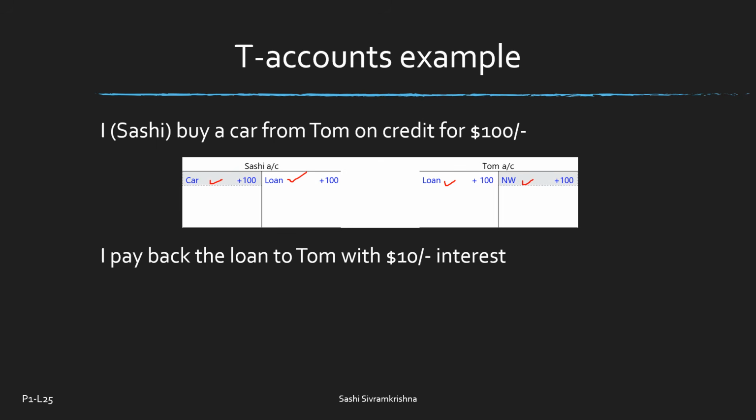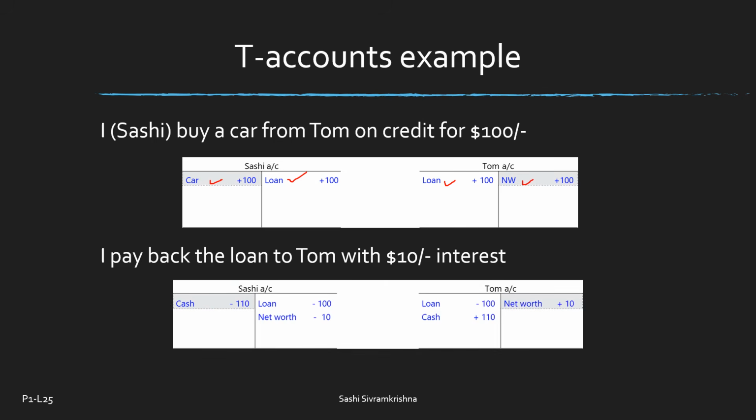Now suppose I repay the loan to Tom in cash with a $10 interest payment. How would this transaction now affect our T accounts? Beginning with the cash outflow, that is a decrease in assets for me of $110.